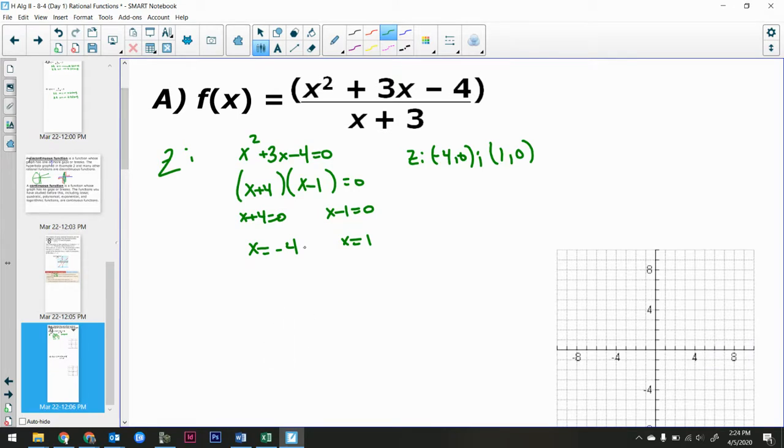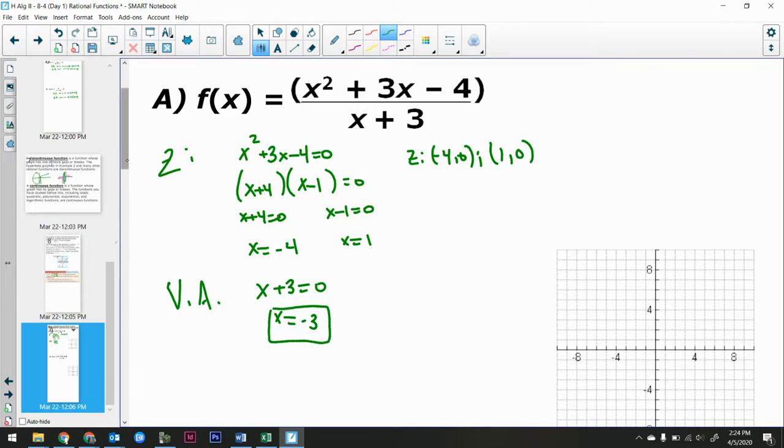Okay, now next thing I want to do, I want to find where the vertical asymptote is. The vertical asymptote lies again where the denominator equals 0. Right? So it's x equals -3, which again coincidentally says, when is this function undefined? This function is undefined at x equals -3.